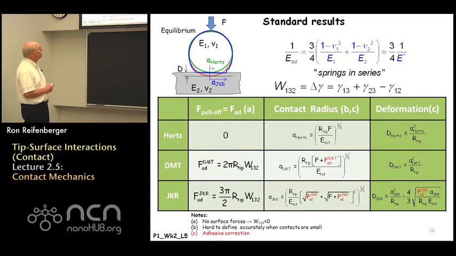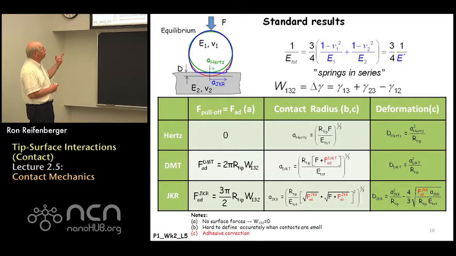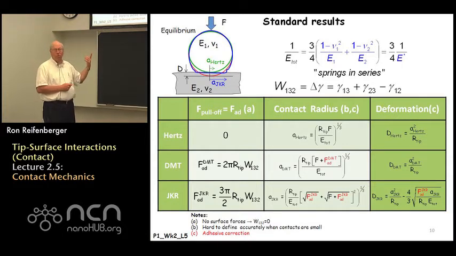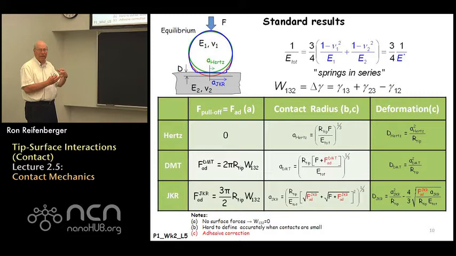3 models. So common notation in this slide, F is referred to as the force that's applied to a sphere when it comes into contact with a substrate. For the Hertz model, the pull-off force is 0 because there's no interaction between atoms or molecules in the tip and in the substrate in the Hertz model.